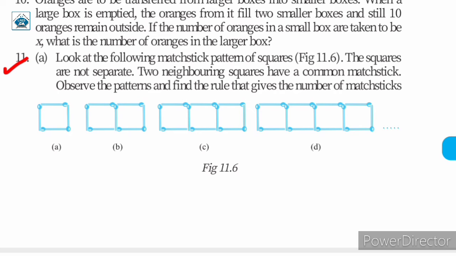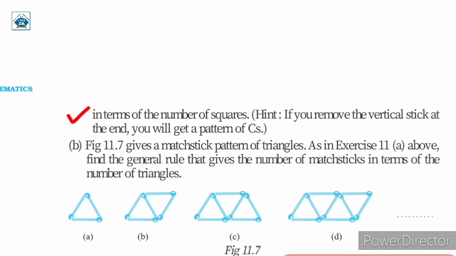Question number 11. Look at the following matchstick pattern of squares given in figure 11.6. The squares are not separate. Two neighboring squares have a common matchstick. Observe the patterns and find the rule that gives the number of matchsticks in terms of the number of squares.